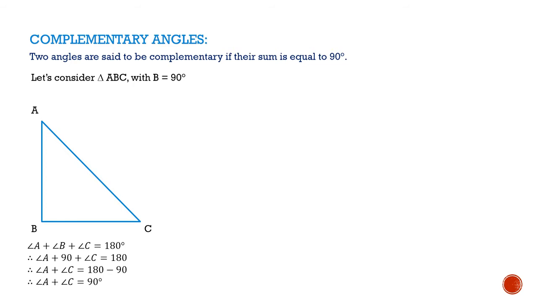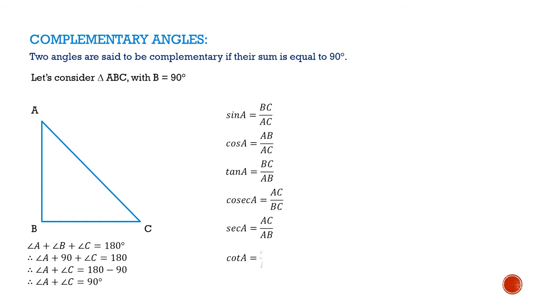Okay, let's proceed ahead. I shall be writing down the trigonometric ratios, all of them, with reference to angle A first of all. So let's see: sine A, cos A, tan A, cosec A, sec A, and cot A. I am sure that you are well aware of the formulas of all the trigonometric ratios now, so we shall not be repeating that again.